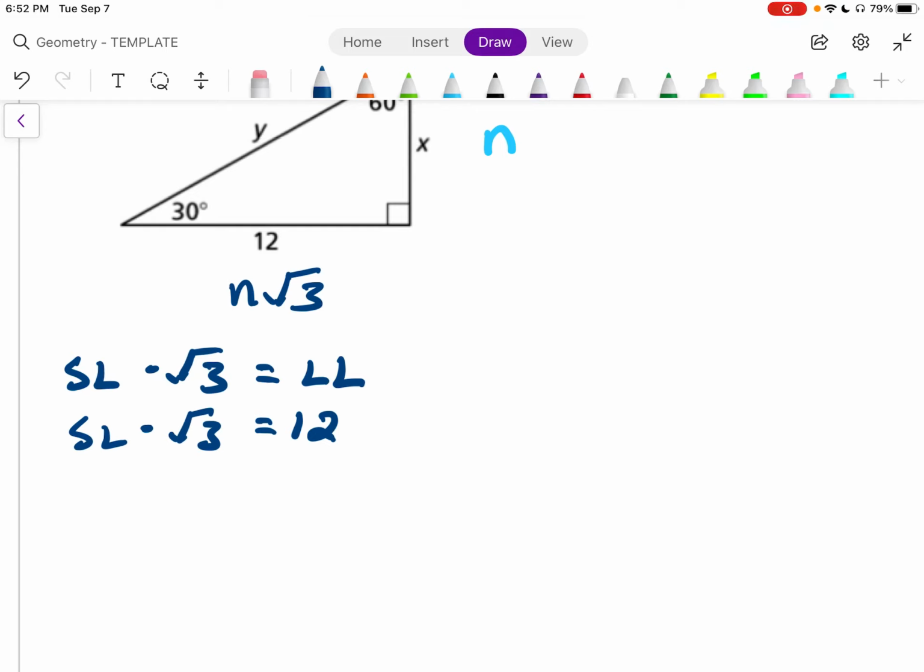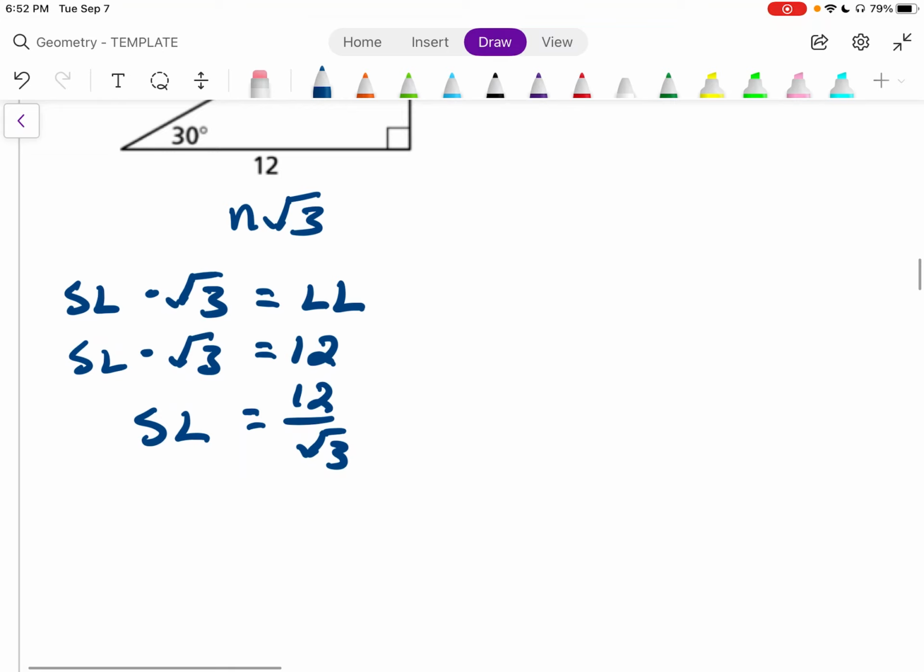Now to get the short leg alone, I'm going to divide by root 3. So short leg equals 12 over root 3. Now we've solved it, but I need to rationalize. I need the denominator to not have a root in it anymore. To get rid of that, I'm going to multiply by root 3 on the bottom and on the top.